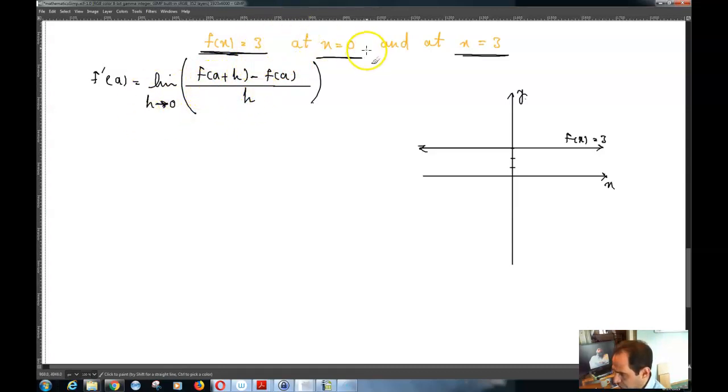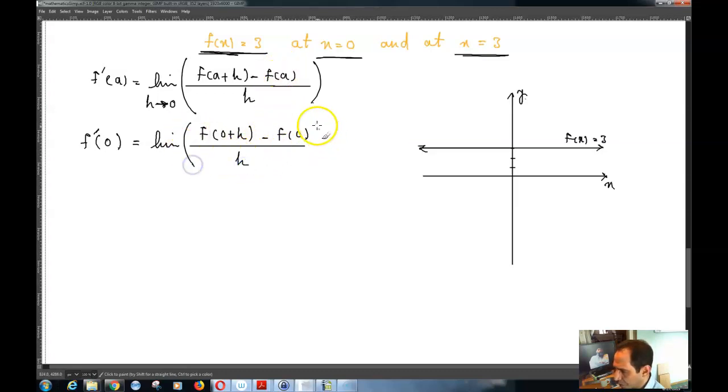Now suppose that a is equal to 0 here. Then f prime of 0 is equal to the limit of f of 0 plus h minus f of 0 over h as h tends to 0.